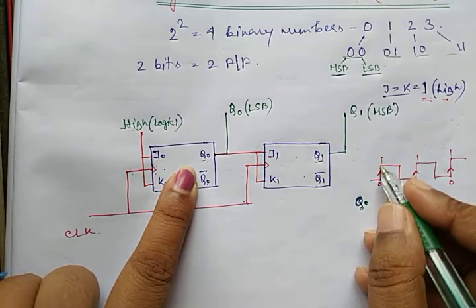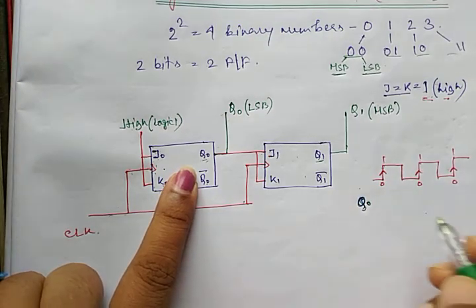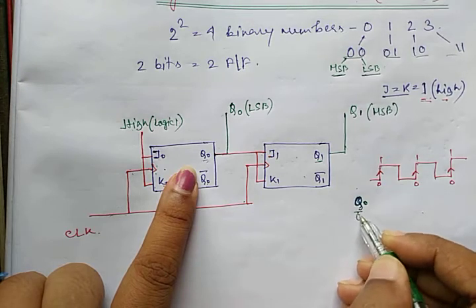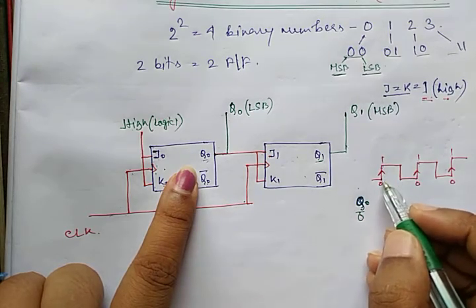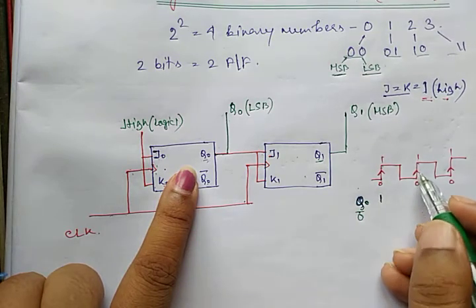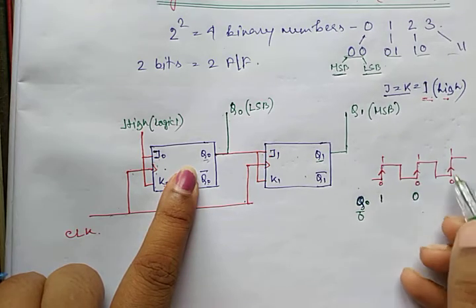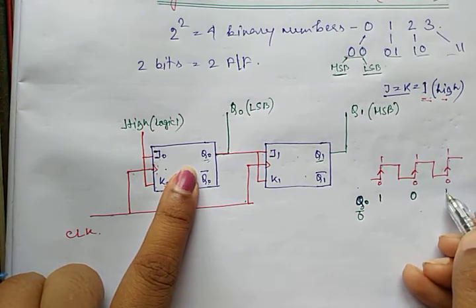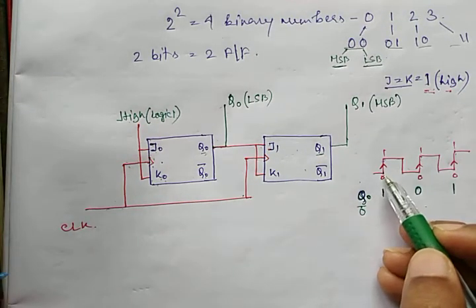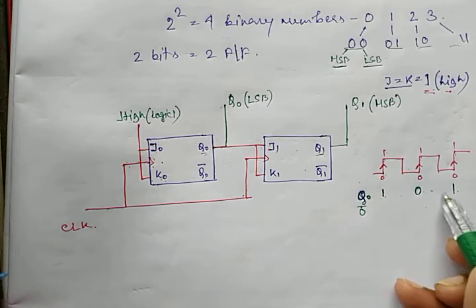Suppose at the first stage Q0 is 0. When it gets a clock from 0 to 1, it changes to 1. During the next positive edge of the clock pulse, it changes to 0. Again during the positive edge of the clock pulse, it changes to 1. So every time the clock goes from 0 to 1, Q0 will toggle, that is 1 0 1 0, like this.